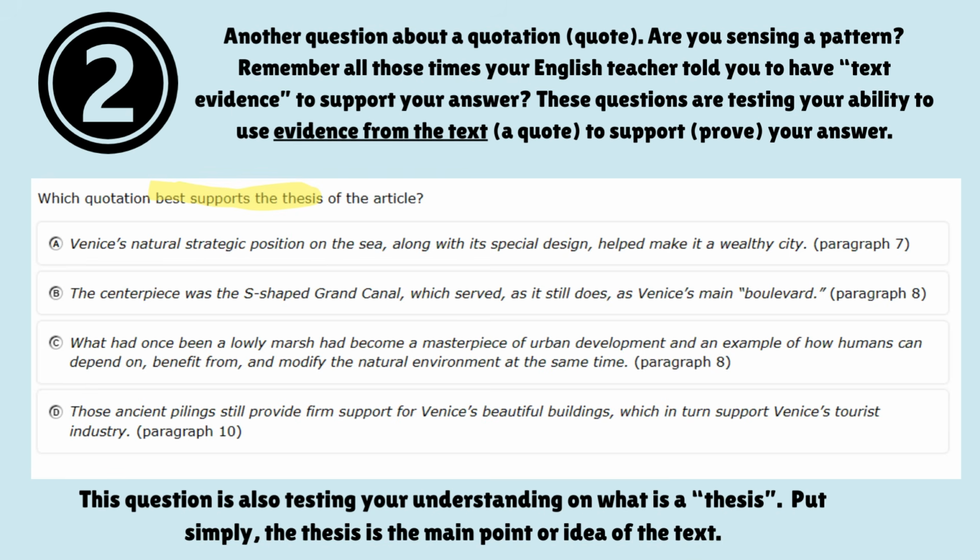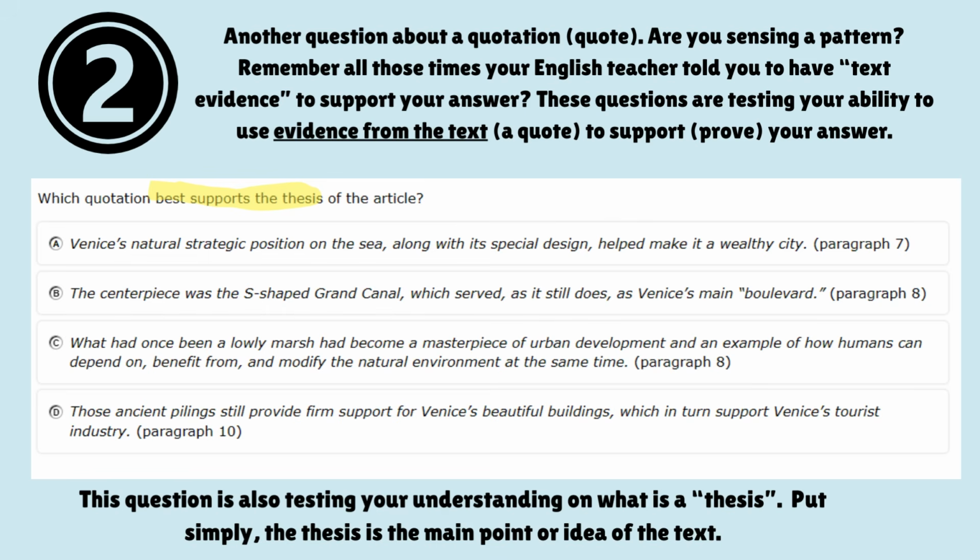This one flips it. Which quote best supports the thesis of the article? And our answer choices are a series of quotes from the article, from various places in the article. A, Venice's natural strategic position on the sea, along with its special design, helped to make it a wealthy city, paragraph 7. B, the centerpiece was the S-shaped Grand Canal, which served, as it still does, as Venice's main boulevard, paragraph 8.